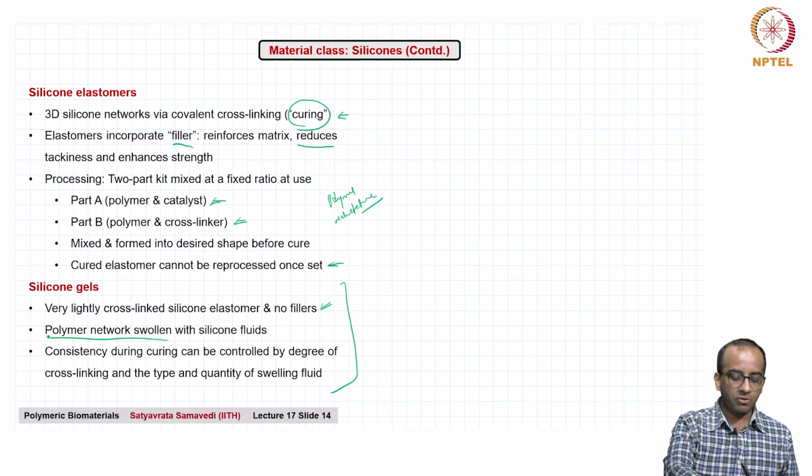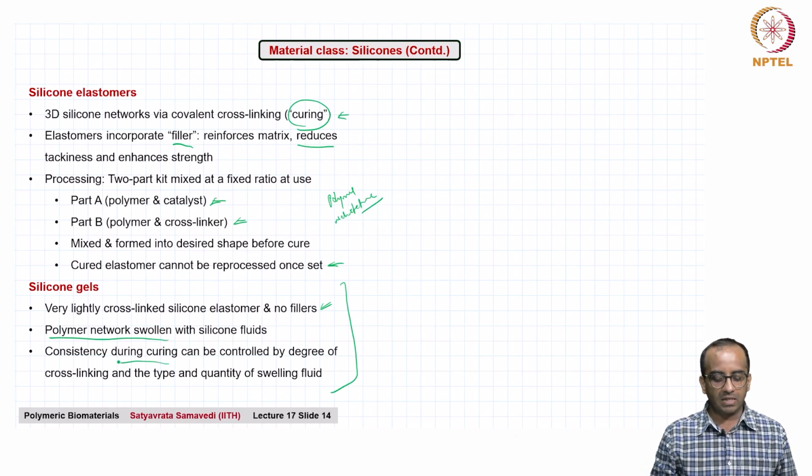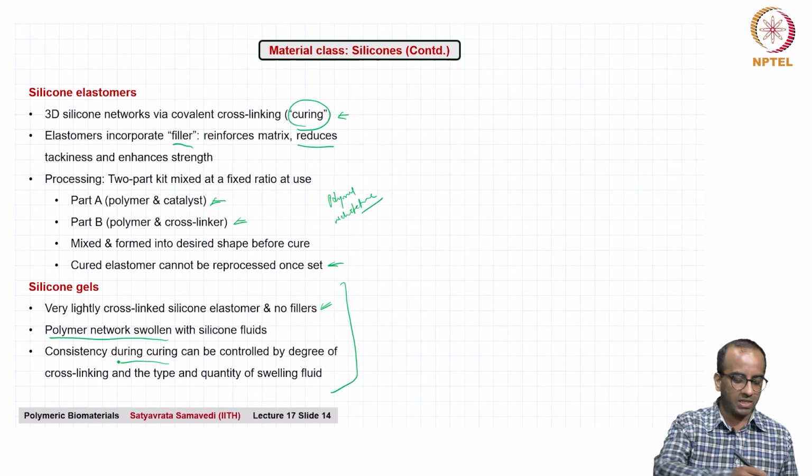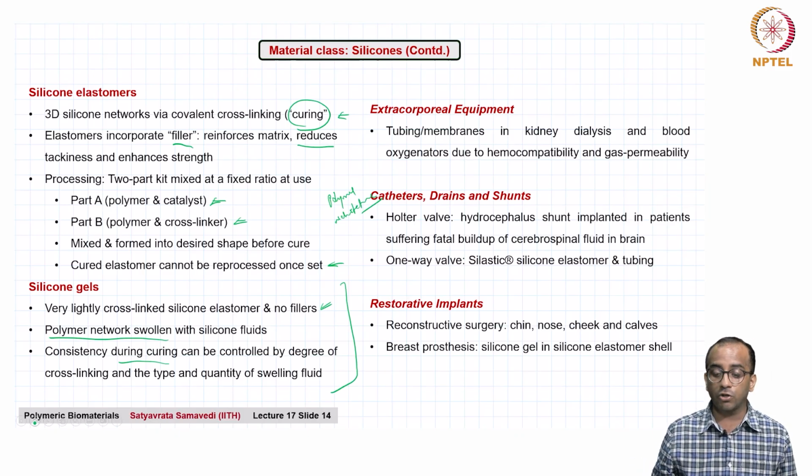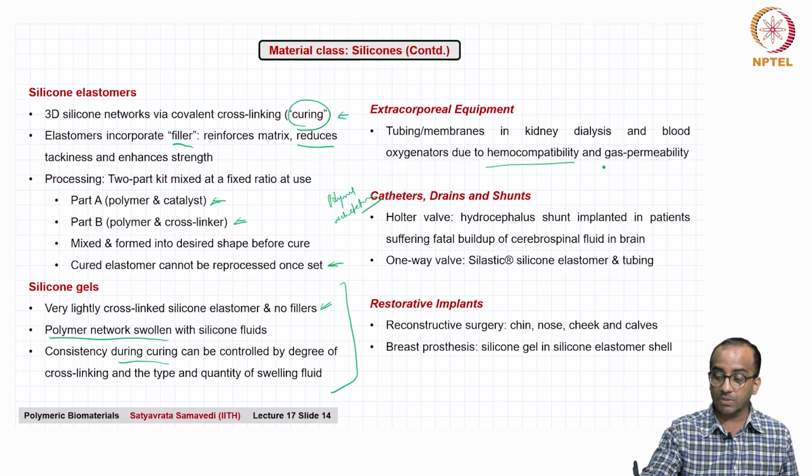And the consistency during the curing can be controlled by the degree of cross-linking, like I've already said, and the type and quantity of silicone fluid being used to swell the material. And silicones are ubiquitous in biomedical and clinical applications. They are used in extracorporeal equipment. So in many of the tubing or membranes in kidney dialysis and blood oxygenators, silicones are used because of blood compatibility and gas permeability.